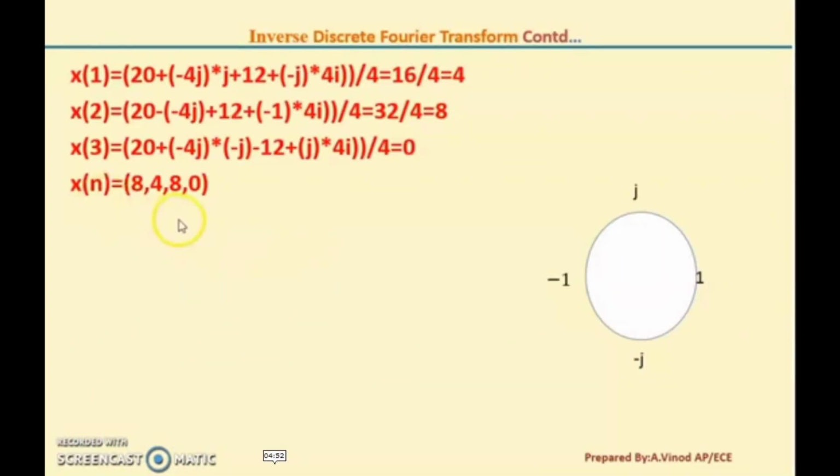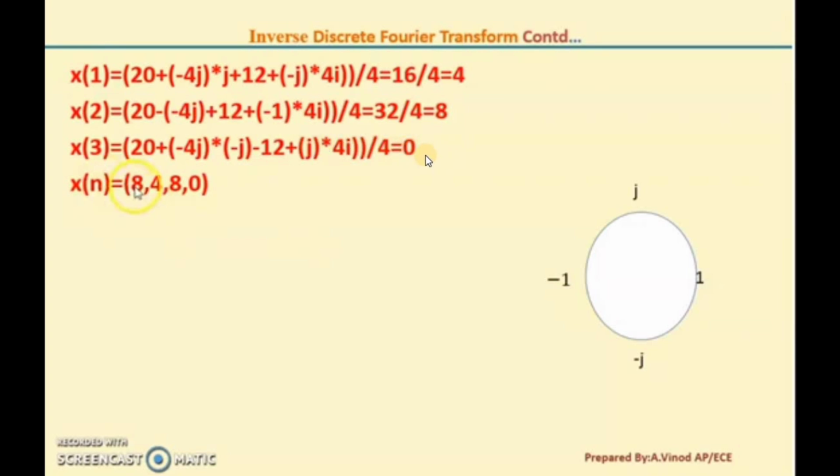In this problem you have to multiply j and minus j. What is j square? j square is minus 1, so you will get 4 and here also you will get 4. So it becomes 8. You get the answer 16 divided by 4, that is 4. Here if you solve this value, you get 32 divided by 4, that is nothing but 8. X of 3 is equal to 0 because these two get cancelled out.